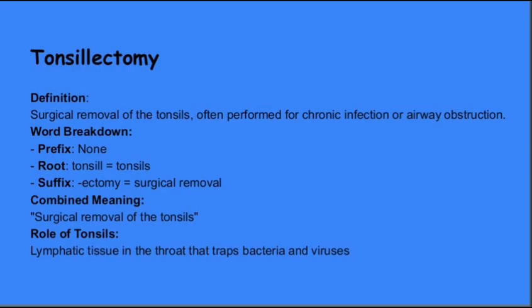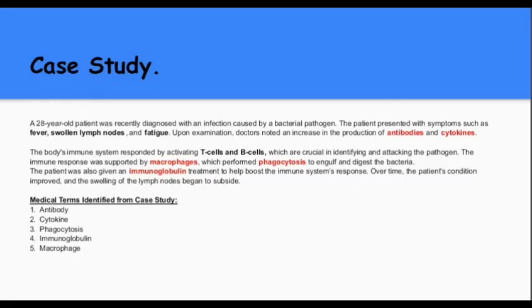The reason why tonsils are important: tonsils are clusters of lymphatic tissue in the back of the throat. Their job is to trap bacteria and viruses that enter through the mouth and nose, acting as the body's first line of defense.